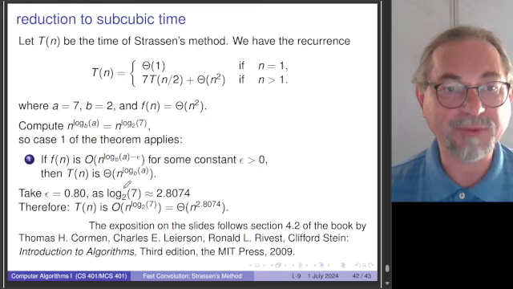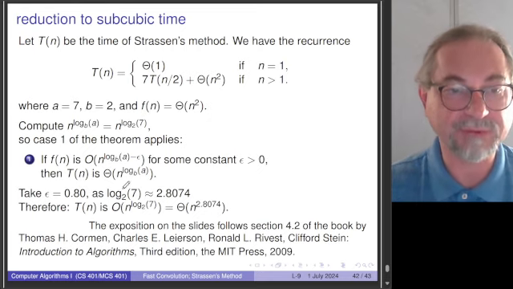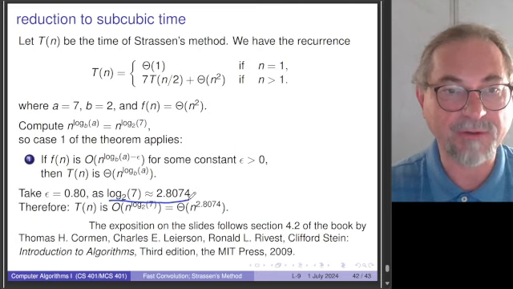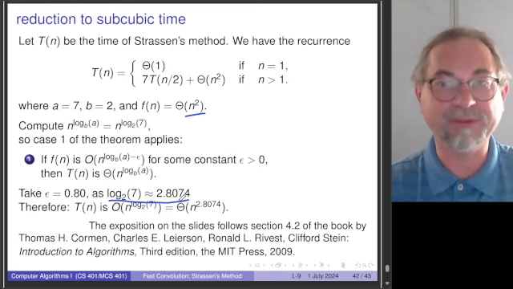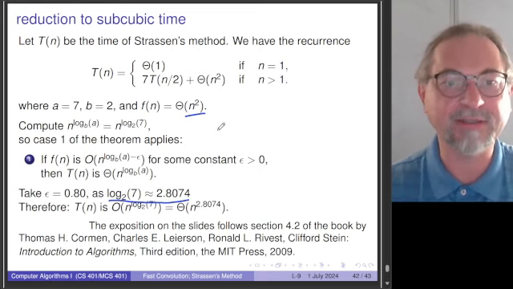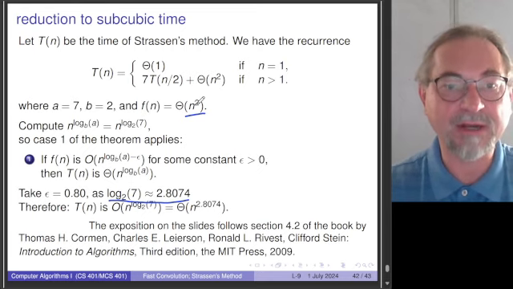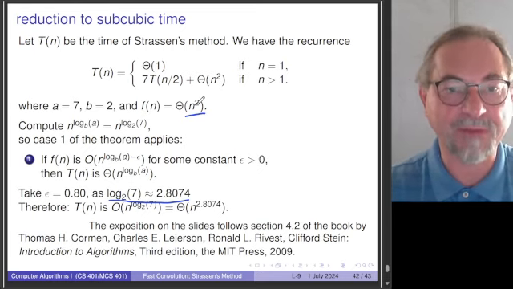So why is that? Because log base 2 of 7 is about 2.8, and n to the 2.8 is larger than n squared. So we are in the first case of the master method.